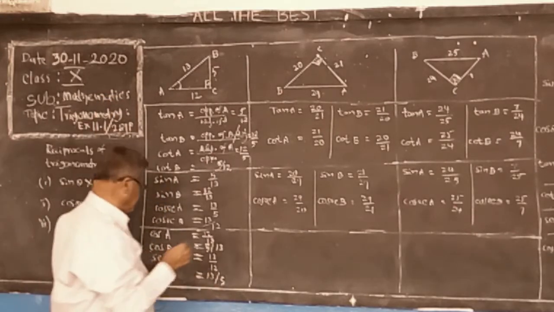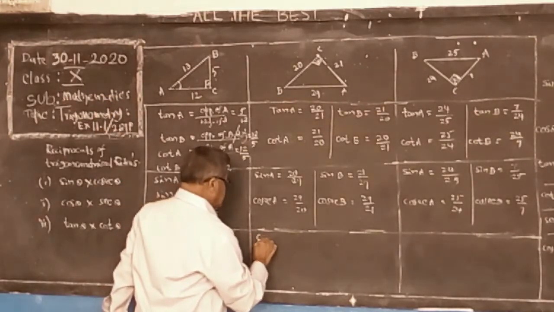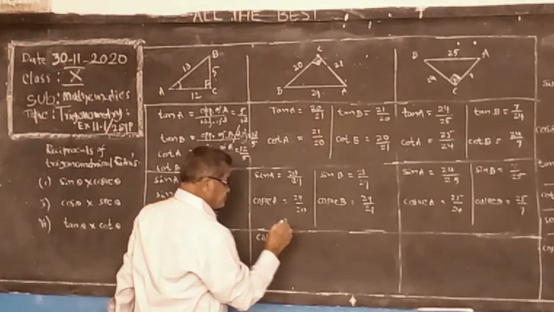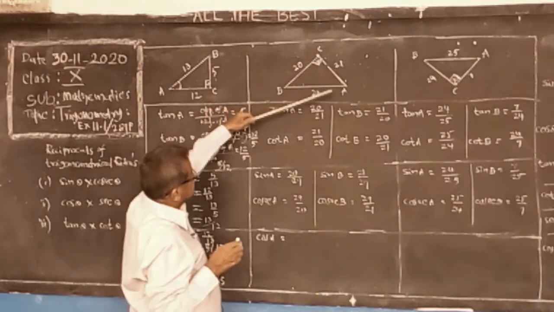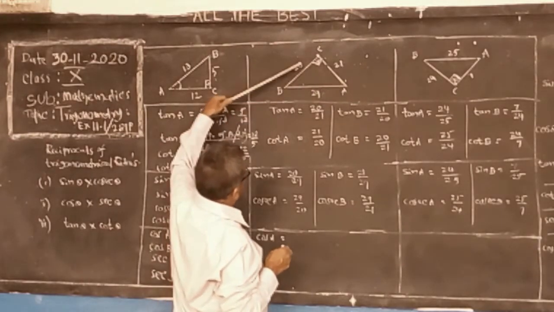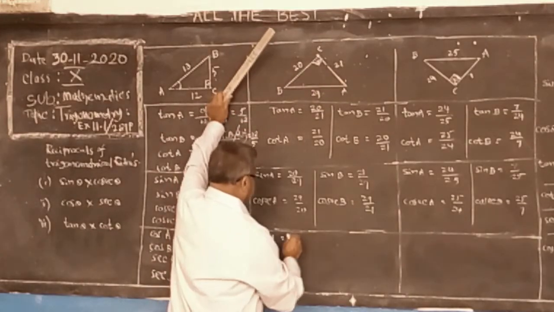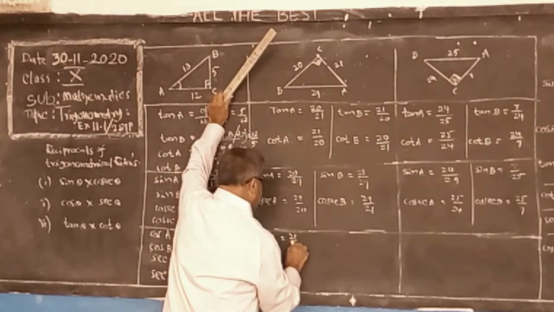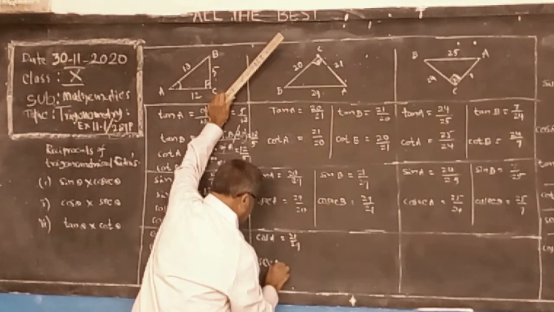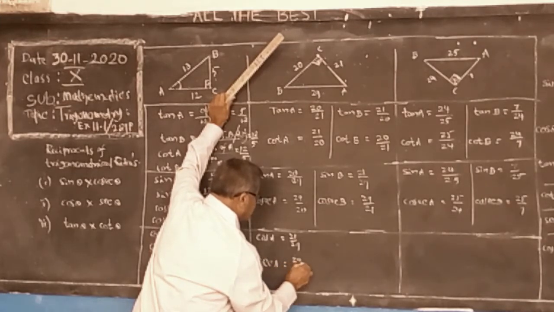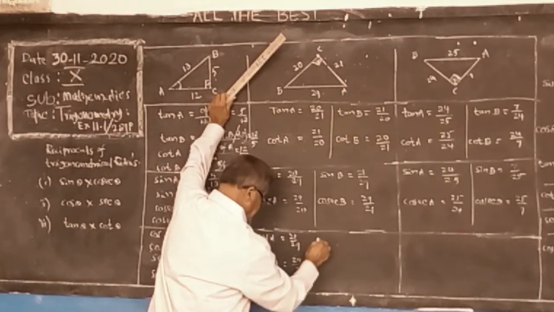And similarly cos A for the second triangle is here, adjacent side 21 by 29, and reciprocal sec A is equal to 29 by 21.